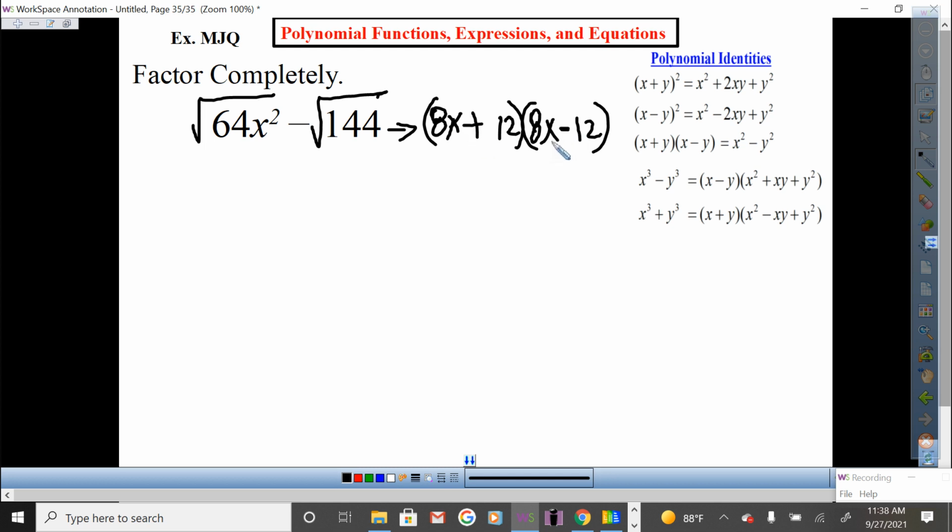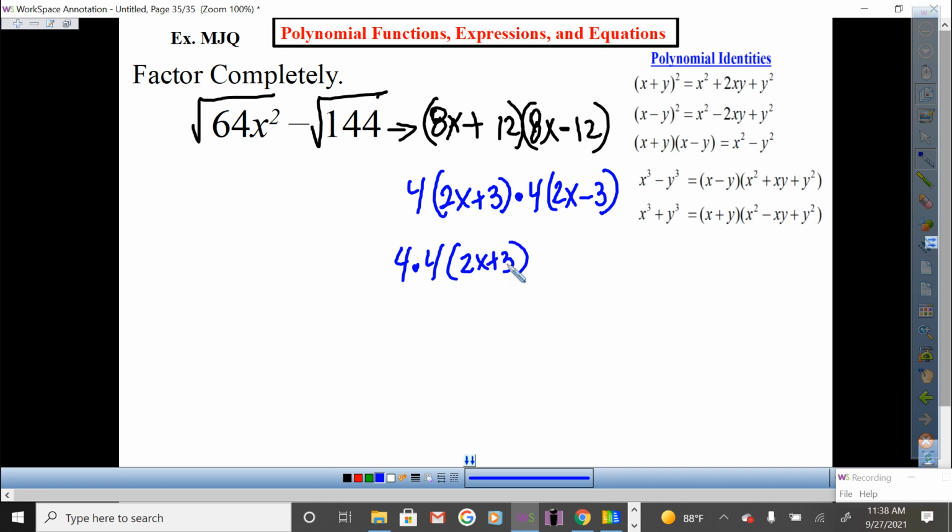Okay. Now, since these are smaller numbers, can I find the GCF? What would that be? 4. That leaves me with 2x plus 3 times, what is the GCF for this? 4, and that leaves me with 2x minus 3. So that means I can move stuff around, so that would be 4 times (2x plus 3) times 4 times (2x minus 3).